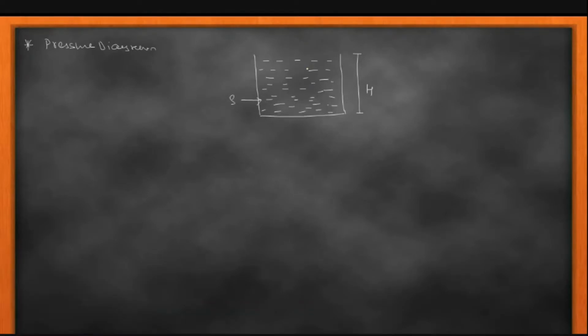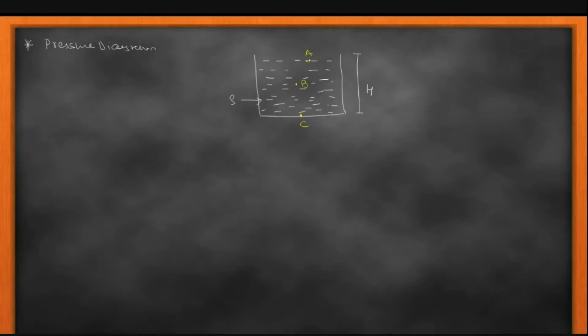Suppose I locate the first point on the free surface, and I give it the name A. Suppose I have another point B, and a third point located at the bottom of the tank, and I give that point the name C. So I have these 3 points.